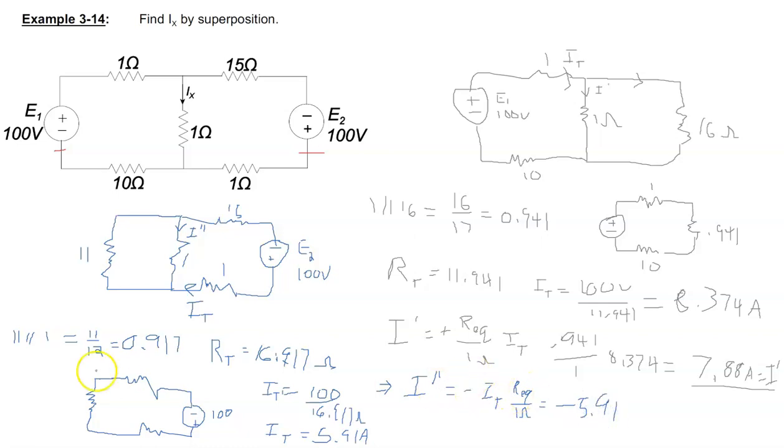And remember, the REQ was the combination of the resistances that the current divides between. IT divides between the 1 branch we're calculating and the 11. So that's this 0.917 here. So 0.917 over 1, and our I double prime comes out to be negative 5.42 amps.